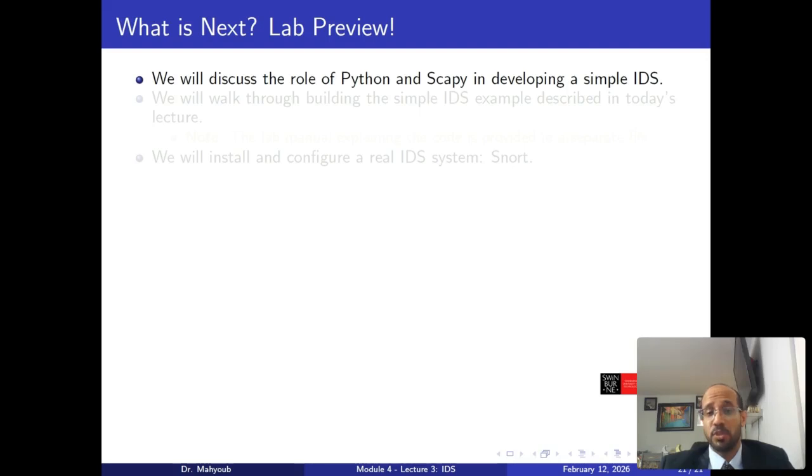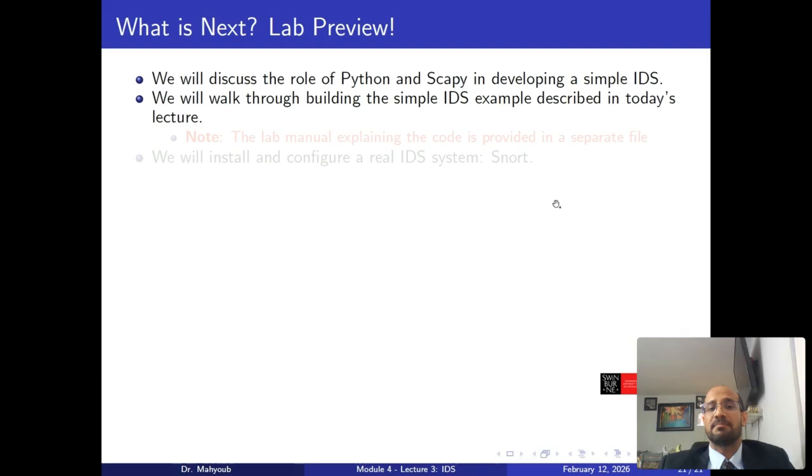You will implement it yourself. It's a simple IDS in Python. Yes, you can do it. It's not that hard. It's easy. Think of it as building your own security camera. It's cool, right? The lab manual explaining the code is already provided on the platform.